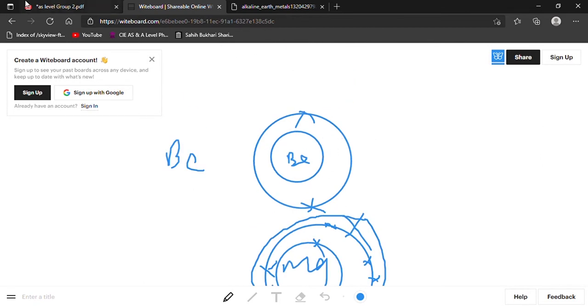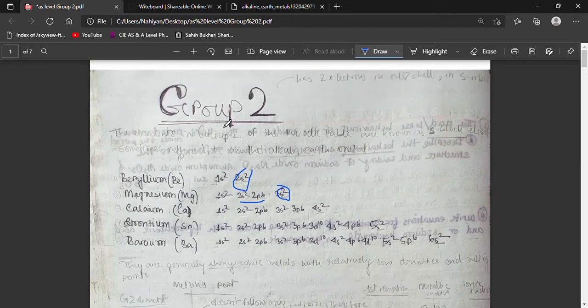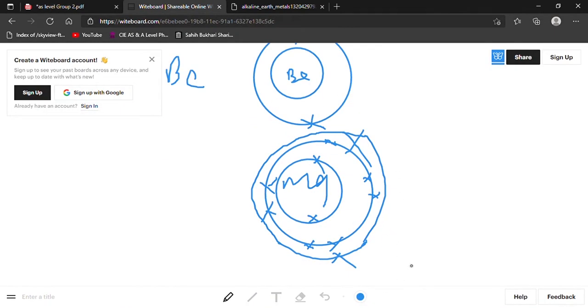So what happens is that group 2 elements, or group 2 metals, find it easier to lose 2 electrons rather than gain a full octet. They want to become stable, right?